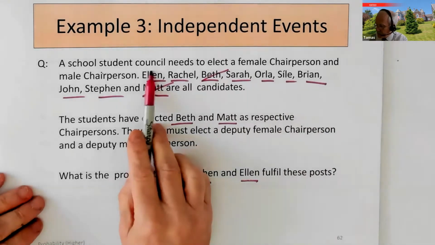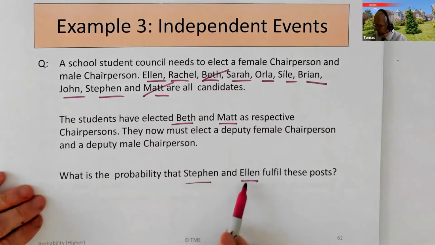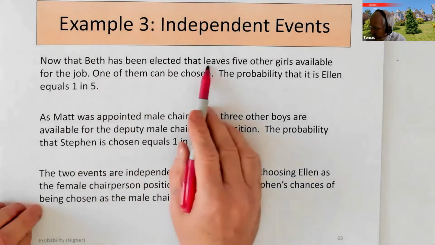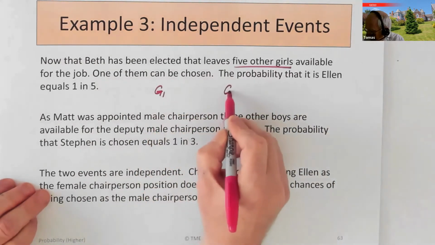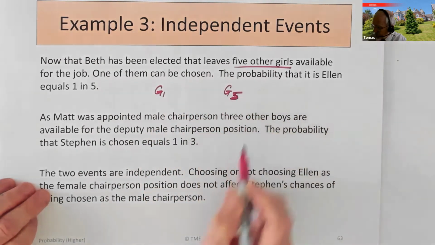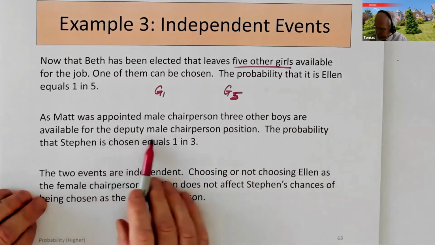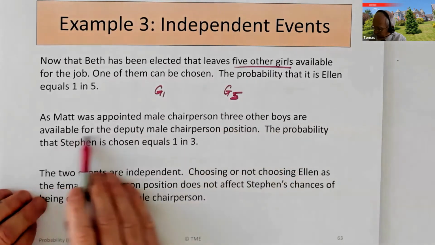Okay, the student council needs to elect a female and a male. So let's count how many females are left and how many males are left. Well, with Beth gone, there are 5 other girls, girl 1 to girl 5. With Matt gone, as Matt is appointed chairperson, other boys are available for the deputy.